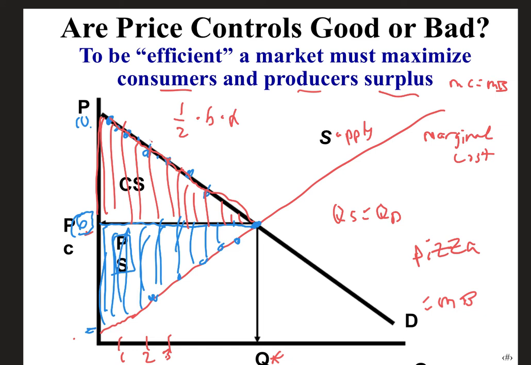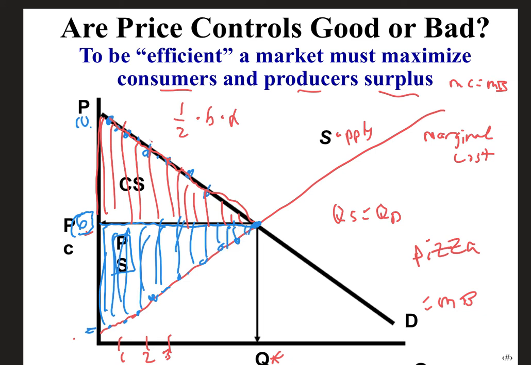They would make the pizza for less than $6, right? So their costs might be lower. So for every firm that is able to produce pizzas for less than $6, they're getting a degree of producer surplus.